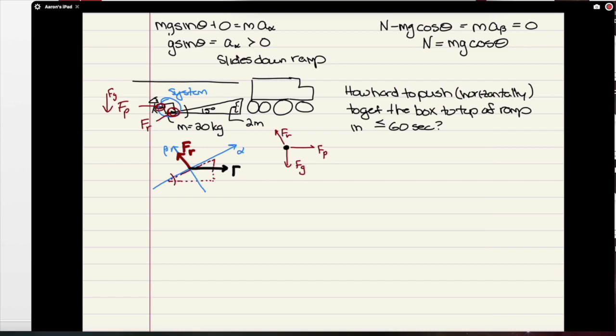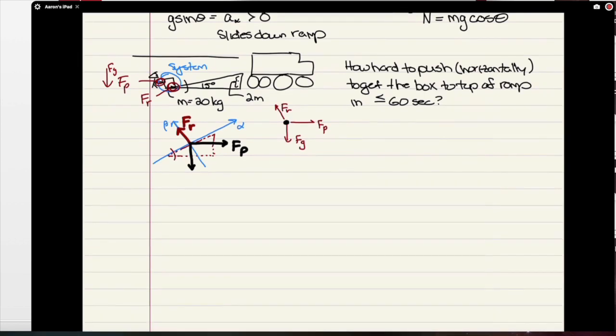But now we also have the force of the person, and we also have the force from gravity. And all we know is that the ramp has some angle theta.